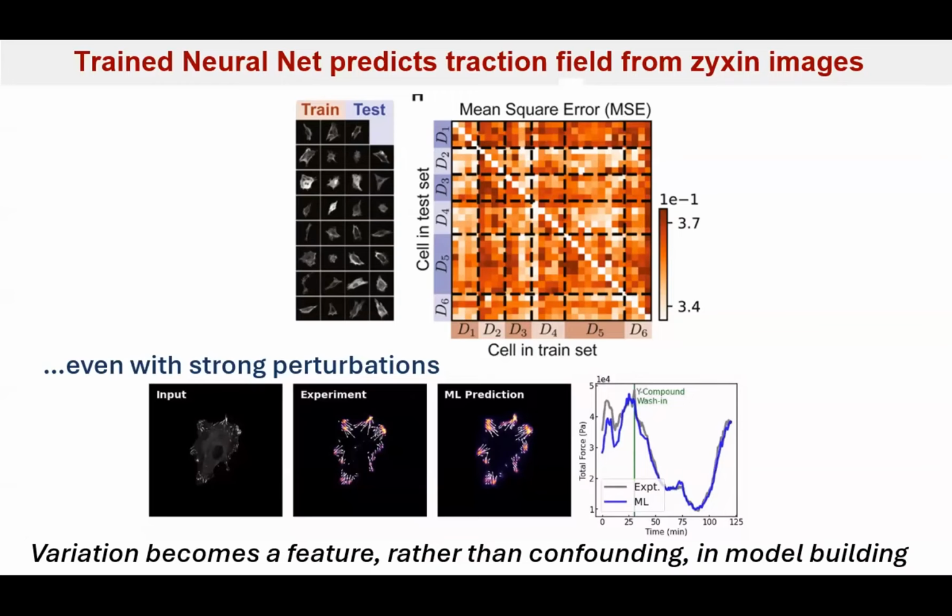And this was sort of the first evidence that the variation in our biological data sets was actually a feature and not a bug. Is that when we had our cells just randomly trained, that there was so much variation in the adhesion intensity or distribution across the training set that it was actually building a really robust model for prediction, that it was robust against strong perturbation.